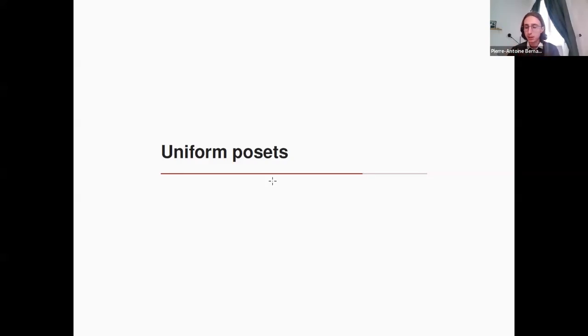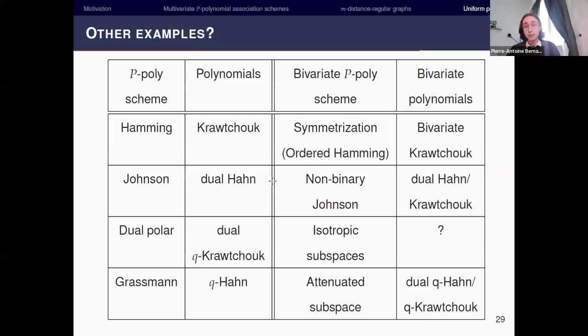Now we can discuss a bit uniform posets, because the question that we're left with is that we have this example of symmetrization of association schemes. Do we have other examples of these multivariate p-polynomial schemes? And the answer is yes, we have many other examples.